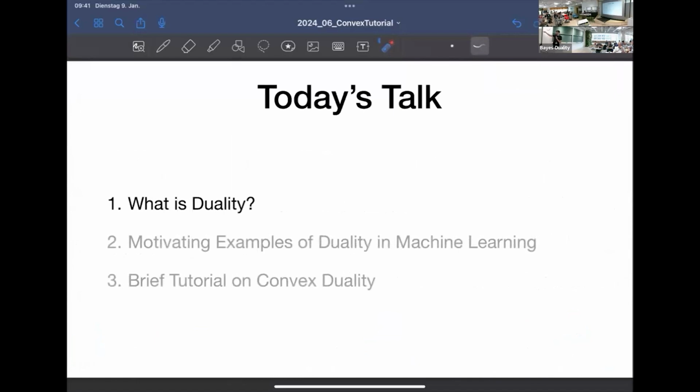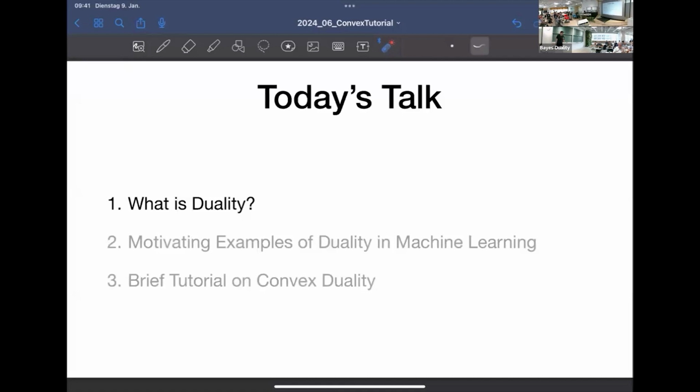Then I will show some motivating examples of duality in machine learning, very classical ones from long ago. And at the end, I will do a more in-depth tutorial on the basics of convex duality, where we do some concrete calculations.